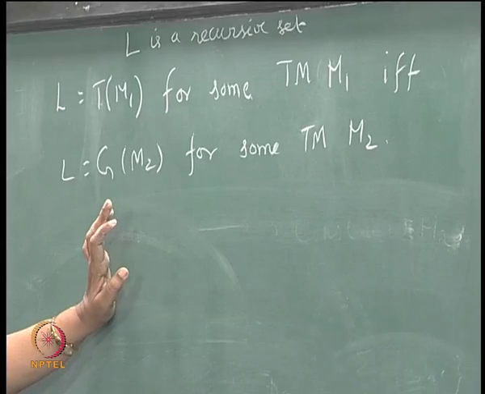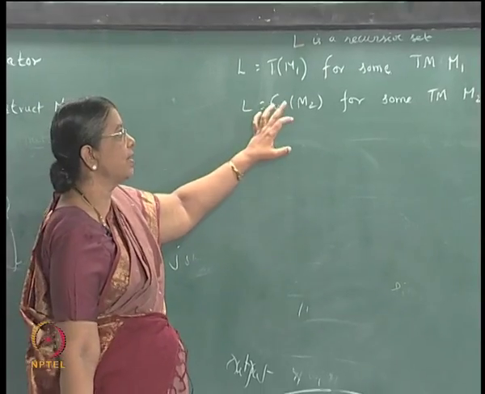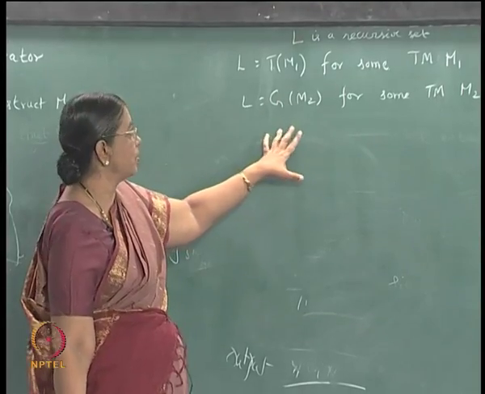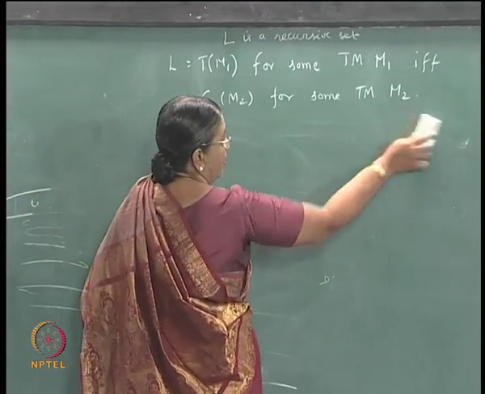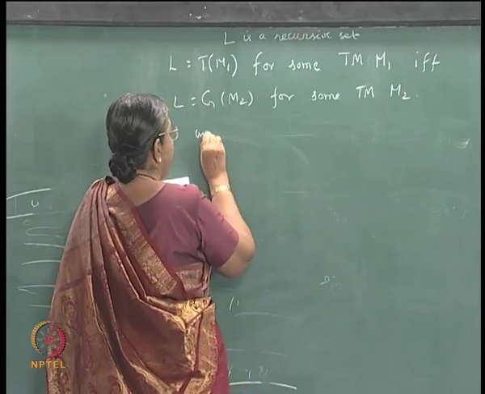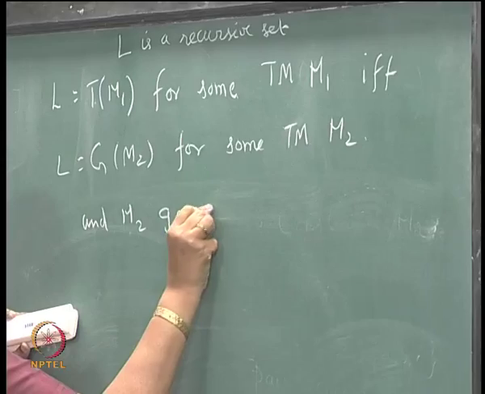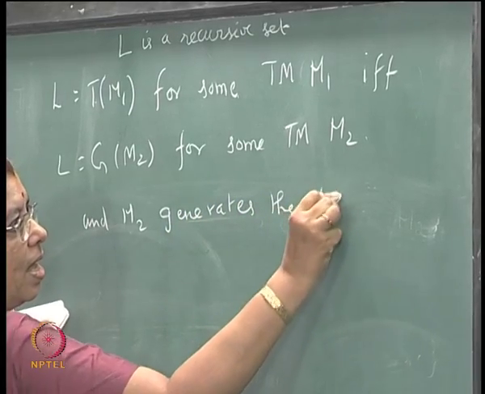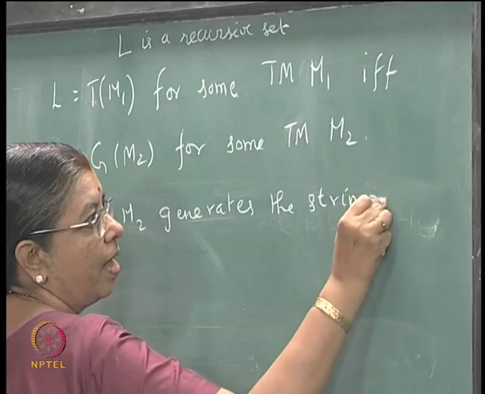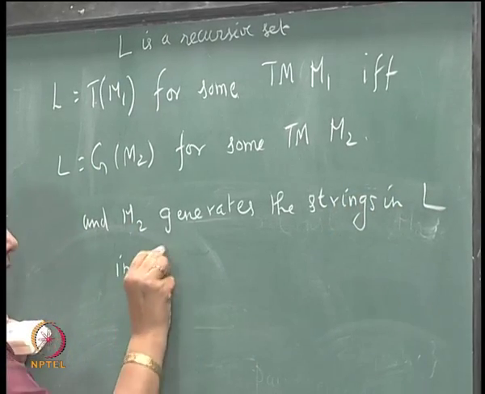That means this M1 will halt on all inputs. What is the condition? If L is a recursive set, it will halt on all inputs, if and only if L is G of M2 for a Turing machine M2, and M2 generates the strings in L in standard ordering.